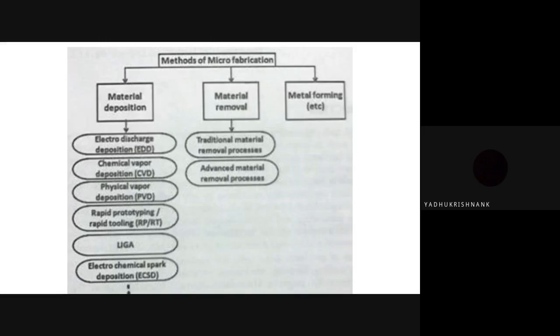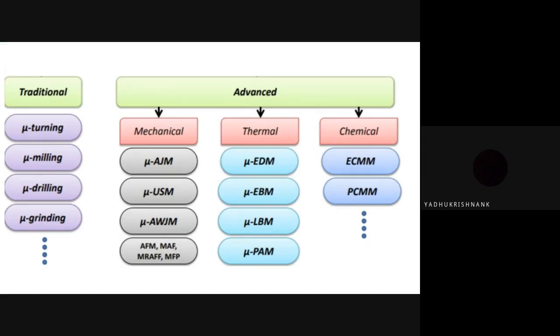The traditional processes include micro turning, micro milling, micro drilling, micro grinding. In the previous case we have seen turning, milling, grinding, etc. Here an additional micro is there. That's all.